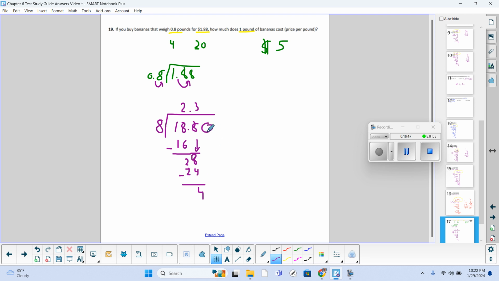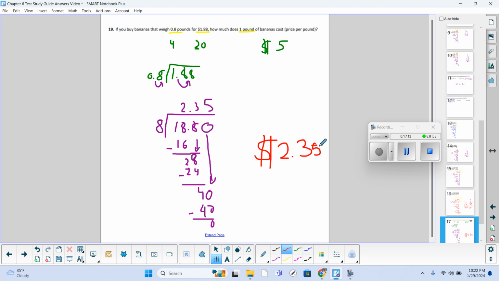So now I can bring down a 0 over here, and now I get a nice number that works. 8 goes into 40 5 times. 5 times 8 is 40, which means my remainder is 0, which means the answer to this question is $2.35 per pound.